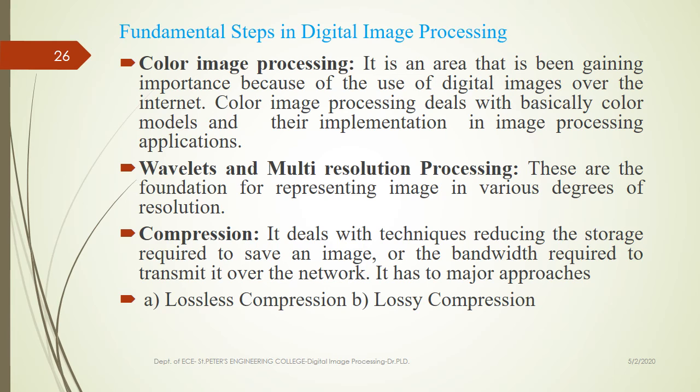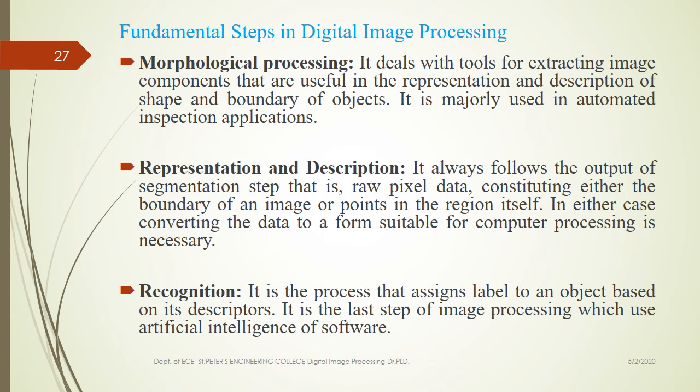It has mainly two major approaches: one is lossless compression and the other is lossy compression. Morphological processing deals with the tools for extracting image components that are useful in the representation and description of shape and boundary of objects. It is majorly used in automated inspection applications.